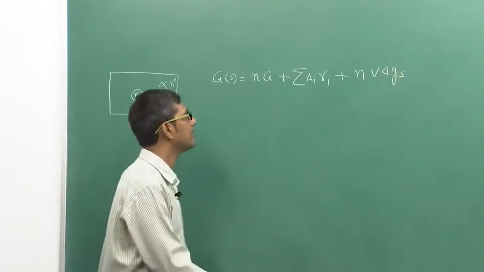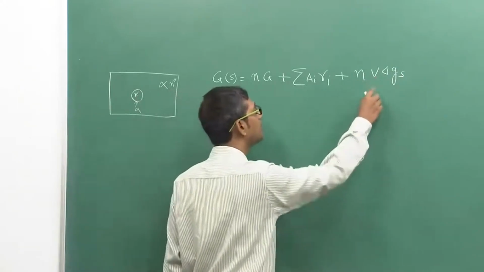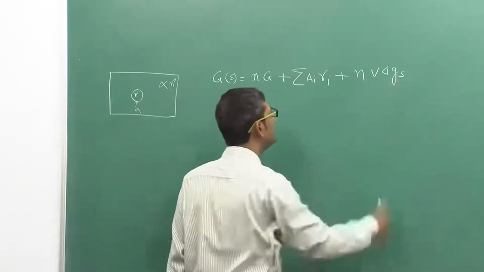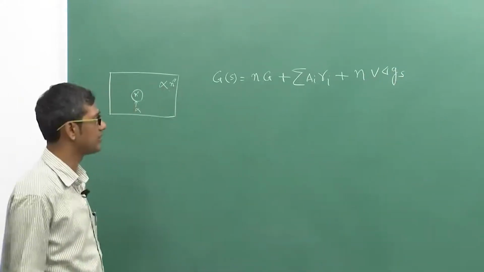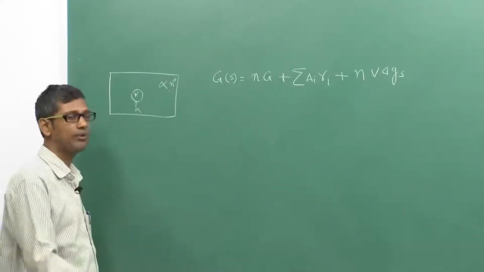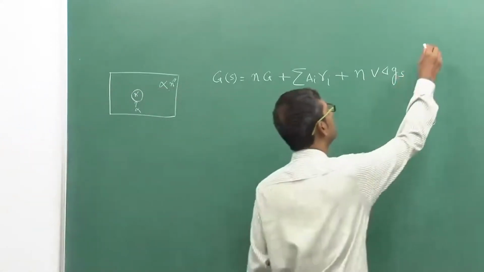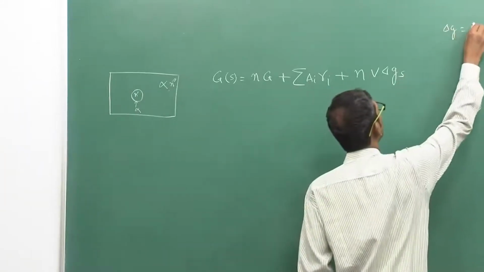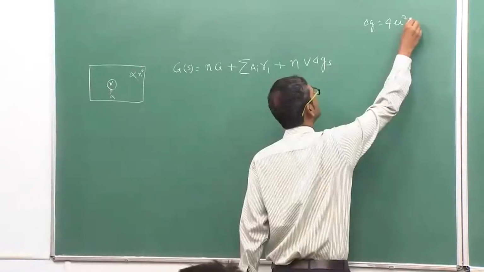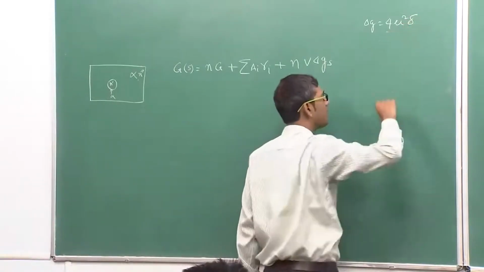What is this? Again n is the number of moles, V is the molar volume, and Gs is the strain energy. I have already given you some formula for sigma and for mu square. It can be simply written in terms of mu square delta and something else, right?